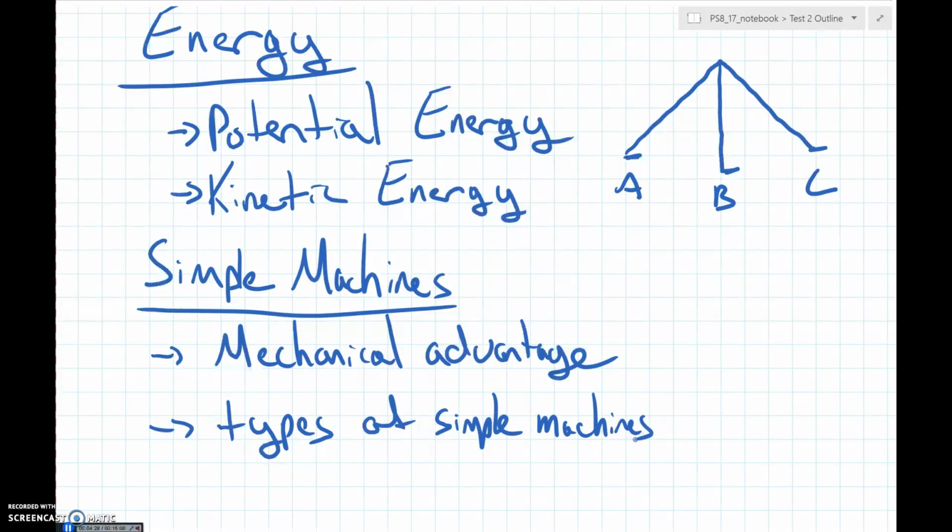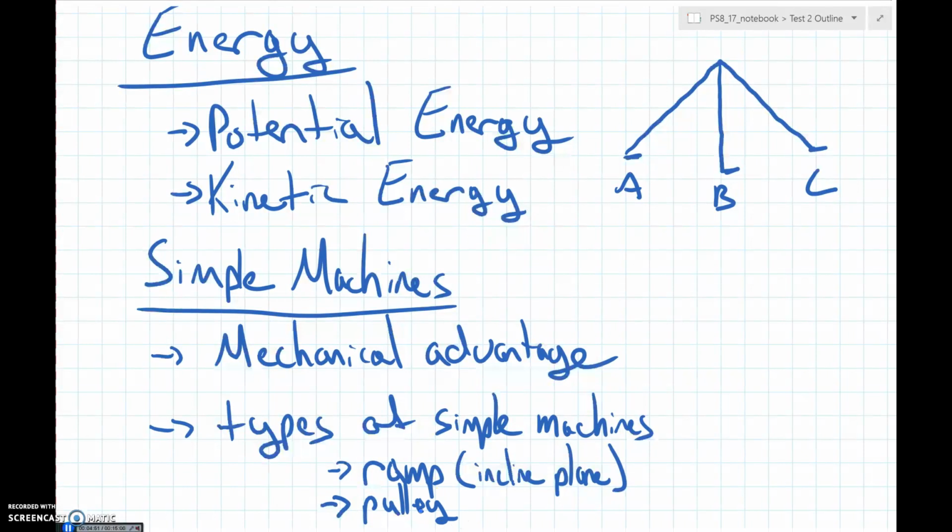For example, a ramp or inclined plane, or a pulley. Those are just two types, but be familiar with the ones that we talked about. So things like ramps, inclined planes, pulleys, levers, those are all things that are fair game for the test.